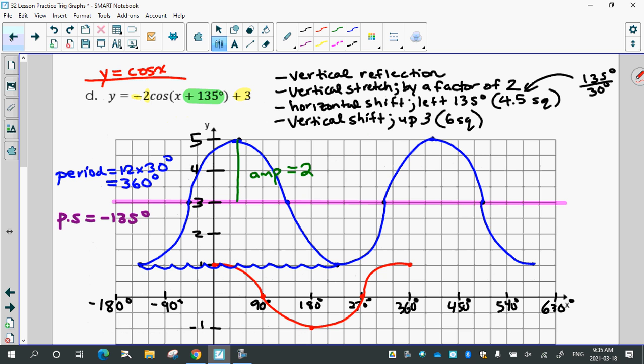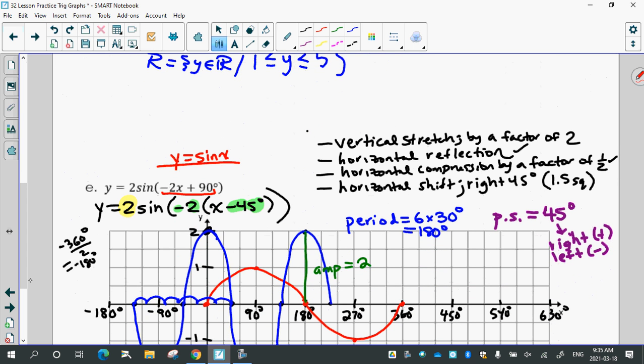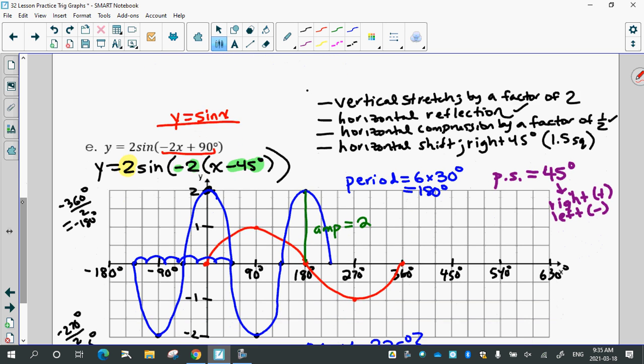So here the B value is just a 1, so the period should be 360, and it was. Here the B value, ignore the negative sign, is 2. So 360 divided by 2 is 180, and let's see what we got for period: 180.